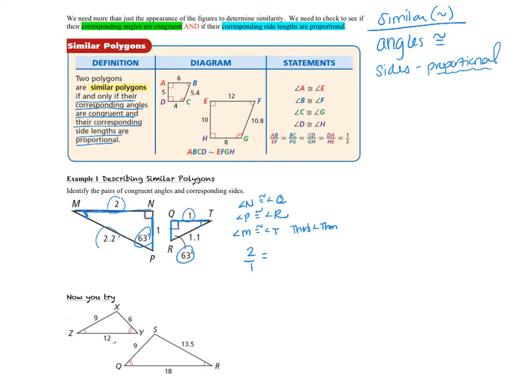And then I also know that the 2.2 would go over the 1.1. And so I need to see if this is true. The way that I see if it's true is I just cross multiply. 2 times 1.1 is 2.2, and 1 times 2.2 is 2.2. Since these cross products equal each other, then these are proportional. So we have congruent angles, and this showed proportional sides.